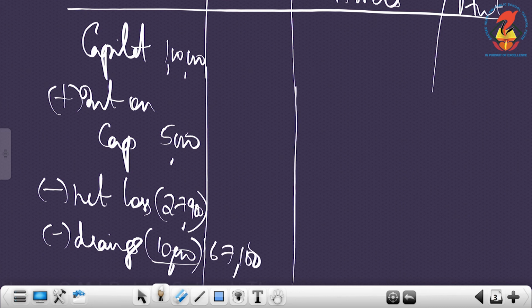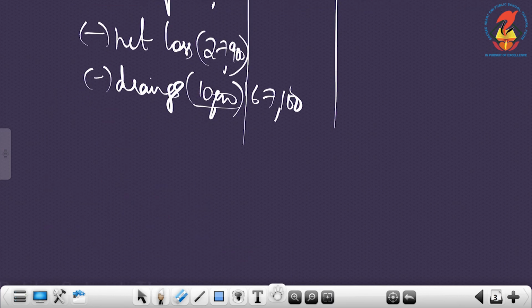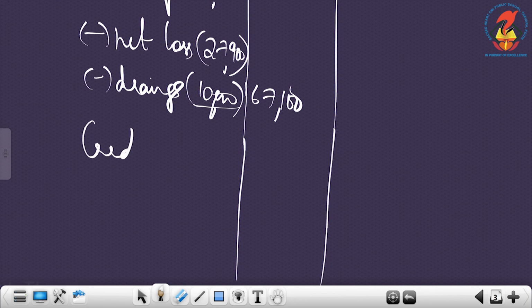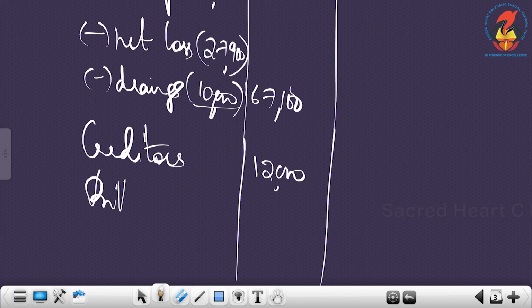Then we will go through trial balance items, record all other liabilities, not expense, all other liabilities. Since we do not have any other non-current liability, we will start with creditors 12,000. Then we have bills payable, it is 5,000.